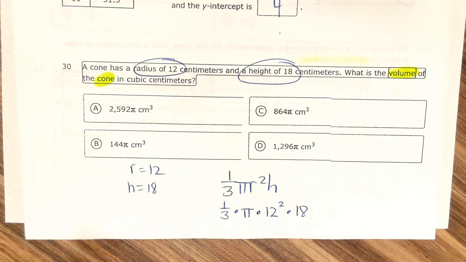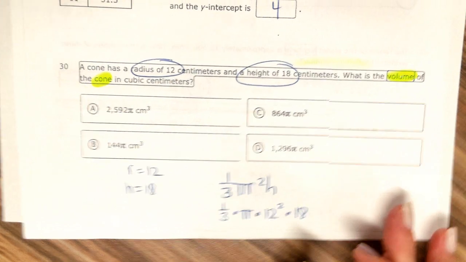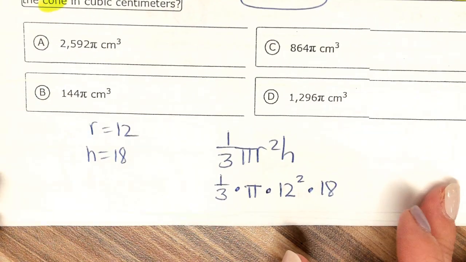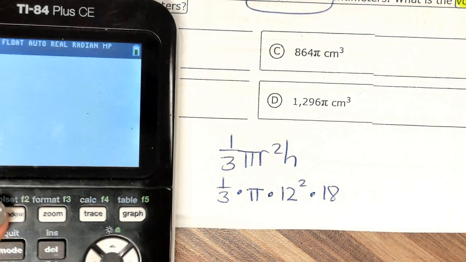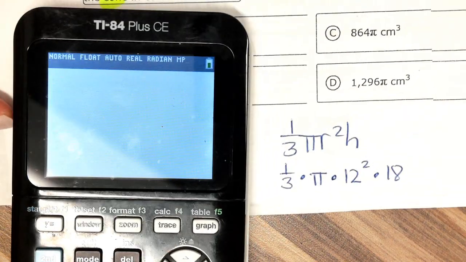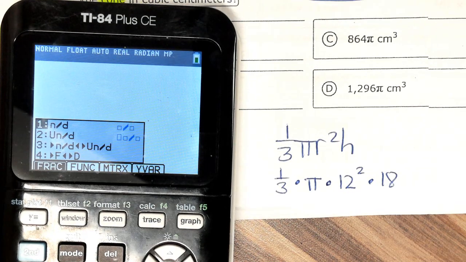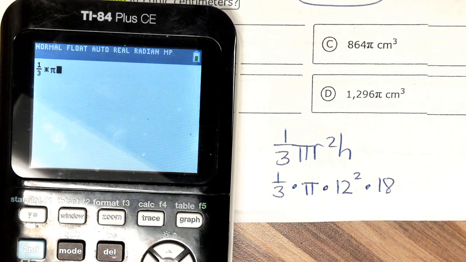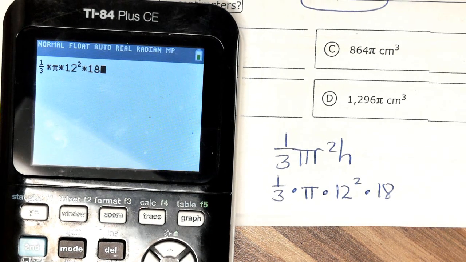Now, the first time I did this problem, I typed that in, and it did not give me the answer, and I'm going to explain. I want to show y'all. I'm going to type this in. Alpha y equals 1/3 times pi times 12 squared times 18.